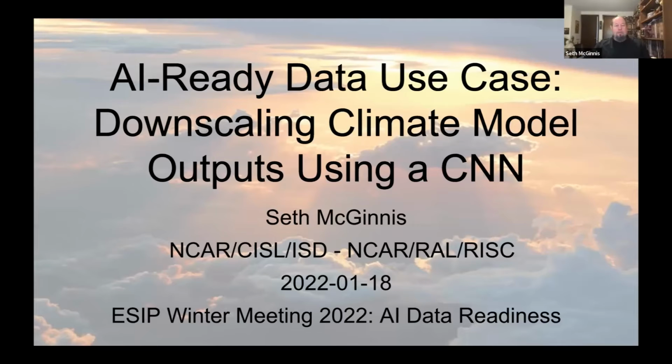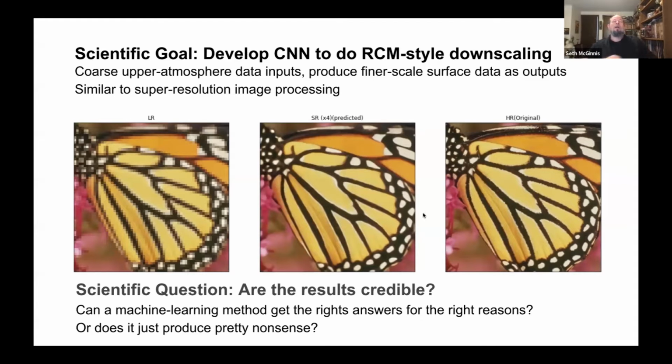Okay. So our use case for AI data readiness is downscaling climate model outputs using a convolutional neural network. Our goal scientifically is that we want to develop a CNN, a machine learning approach, to do regional climate model style downscaling, by which we mean taking upper atmosphere variables that are coarse resolution as inputs and producing much finer resolution surface variables as outputs, the same way that a climate model does using physics.